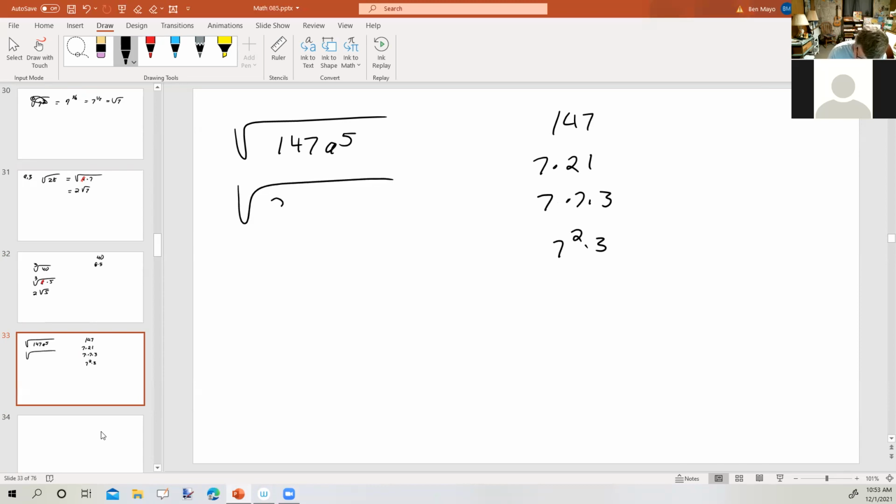So I'm going to write 147 as 7 squared times 3. A to the 5th, I'm going to write it as a to the 4th times a. Recall, I want to have exponents that either match the index or are multiples of the index. The square root of 7 squared is 7 outside. The square root of a to the 4th is a squared outside. And I have the square root of 3a inside.